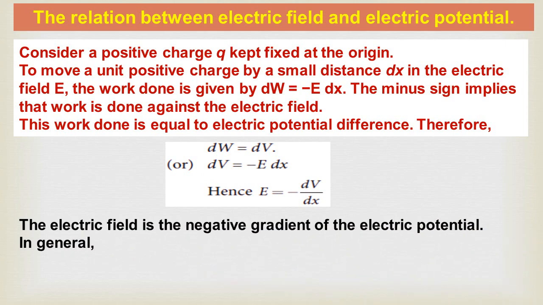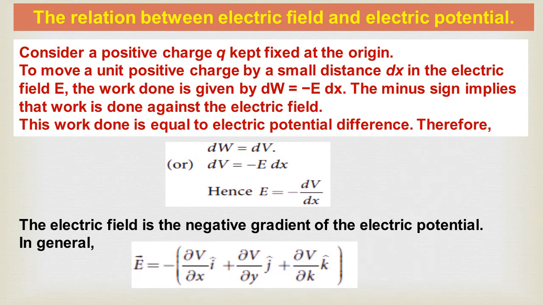Then the electric field is the negative gradient of the electric potential, that we know from this point. And in general, the E vector is equal to minus [dV/dx i cap plus dV/dy j cap plus dV/dz k cap].